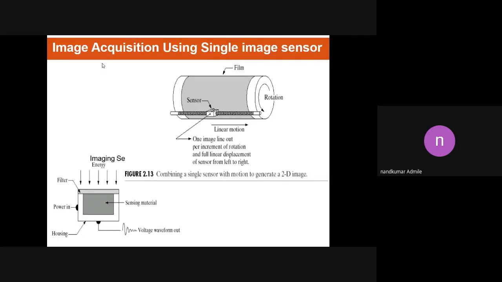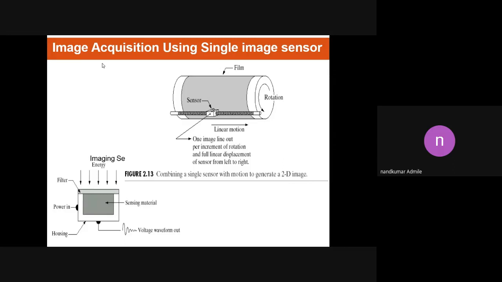Why? Because we always represent the image in two axes, the x-axis and the y-axis. The x-axis considers the displacement in the horizontal direction, and the y-axis considers the movement in the vertical direction. So in the first technique, we use one sensor.